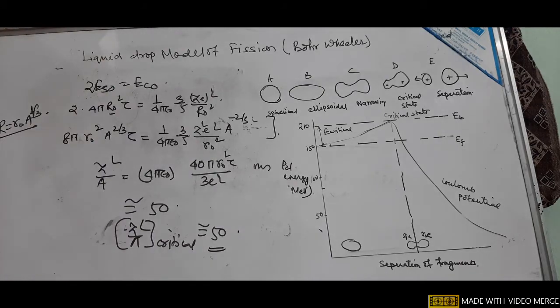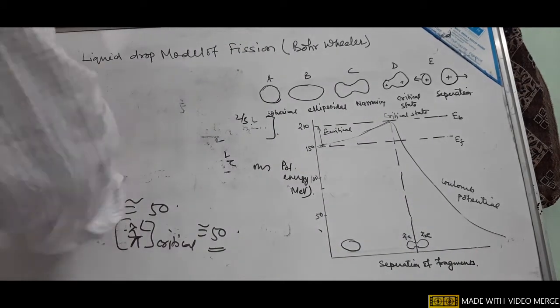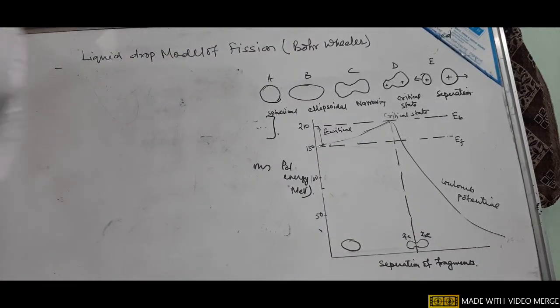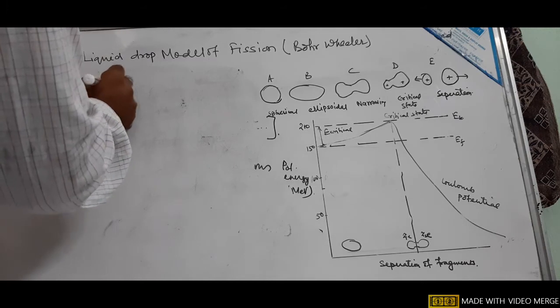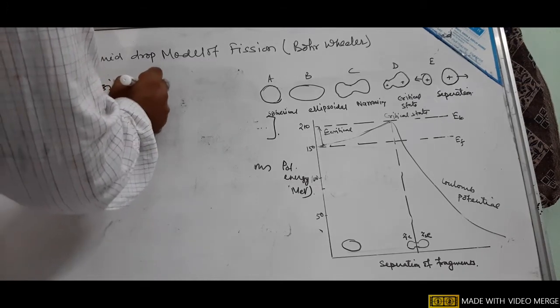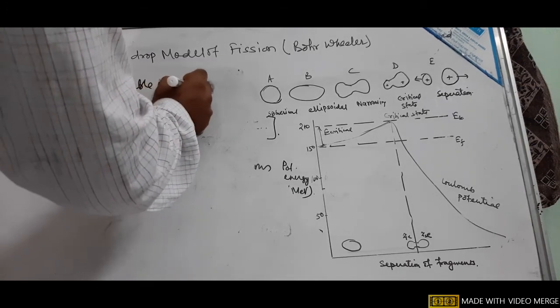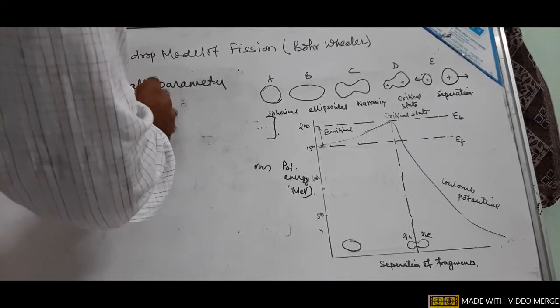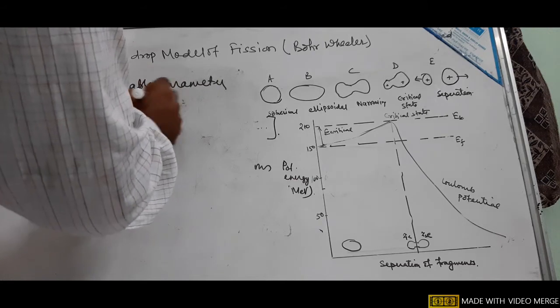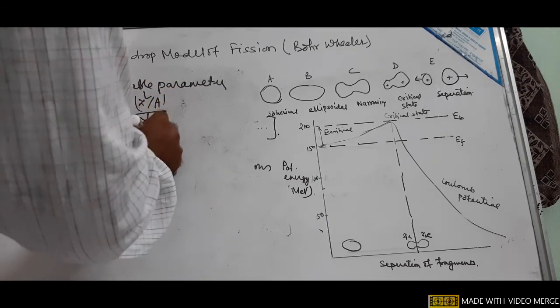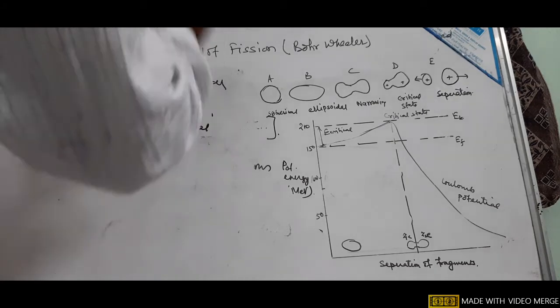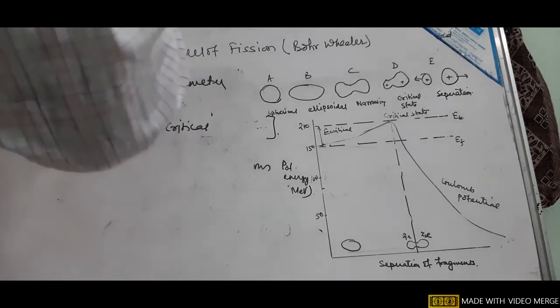So we define a fissionable parameter, chi, which is equal to Z square by A divided by Z square by A critical. And we discuss the fission.